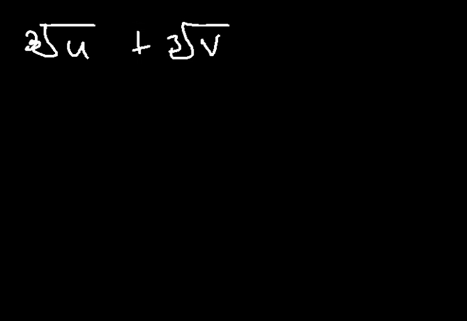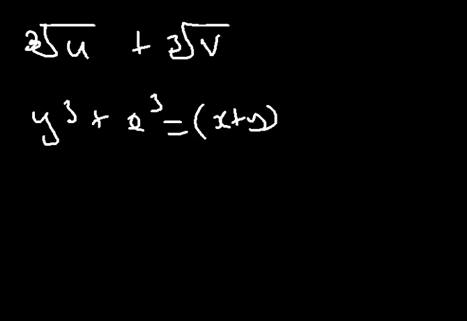The conjugate of this expression, according to the principle behind it, is related to the way we factorize the sum of 2 cubes. Take in mind that y to the power 3 plus x to the power 3 is the same as x plus y times x squared minus xy plus y to the power 2. So bear that in mind.